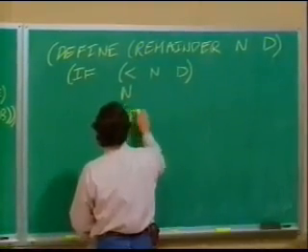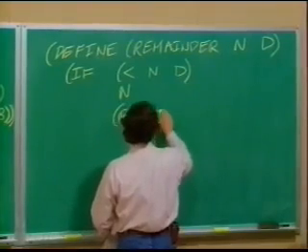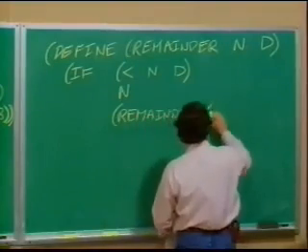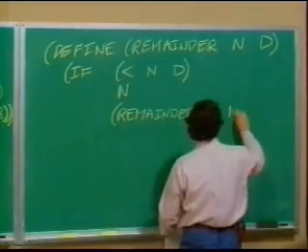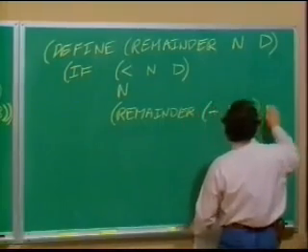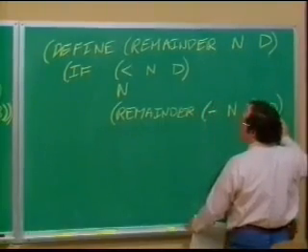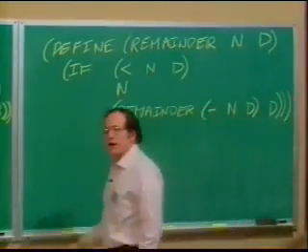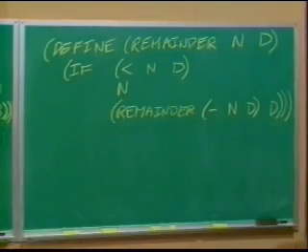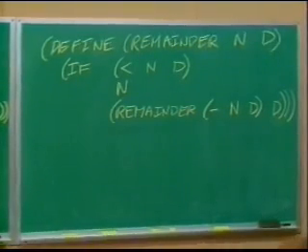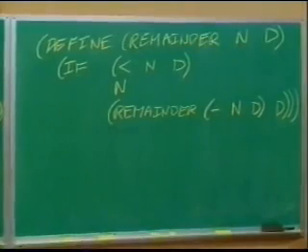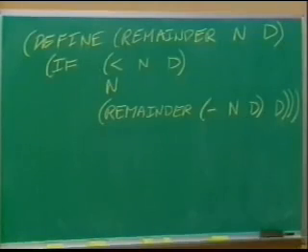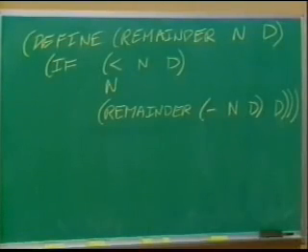Otherwise, the remainder when we subtract d from n, with respect to d, when divided by d. This looks just like the GCD program. Of course, it's not a very nice way to do remainders. You'd really want to use something like binary notation and shift and things like that in a practical computer.